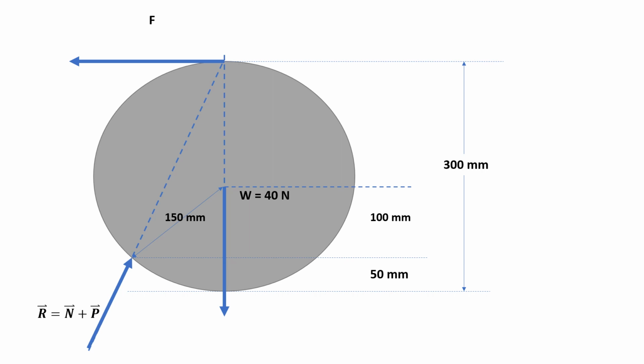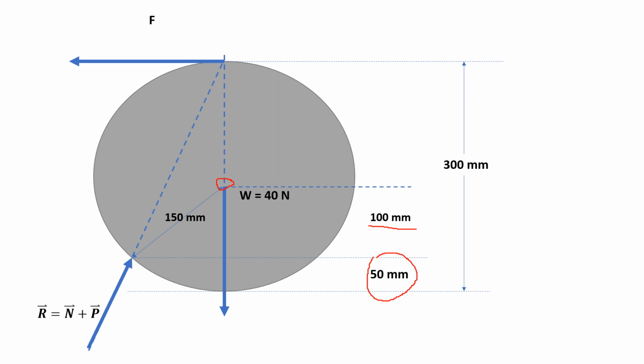And then you note that the length of this line from the center of the circle up to the circumference is 150. Since this length here is 50, the remaining length would be 100 millimeters from the center up to this line here.